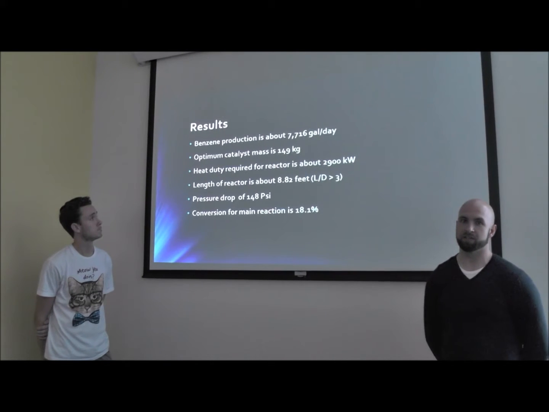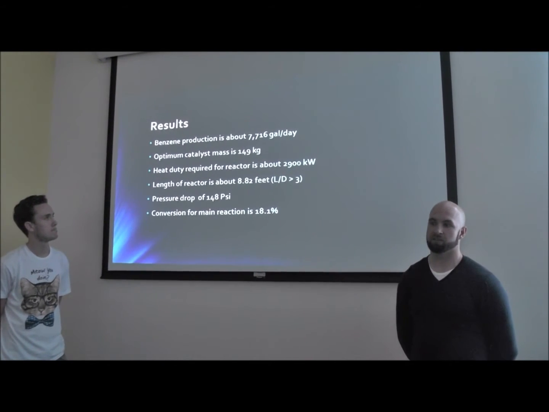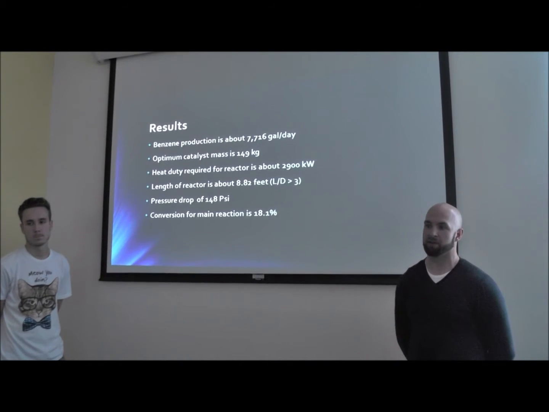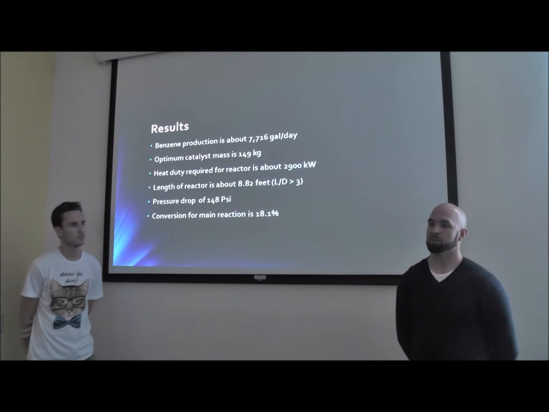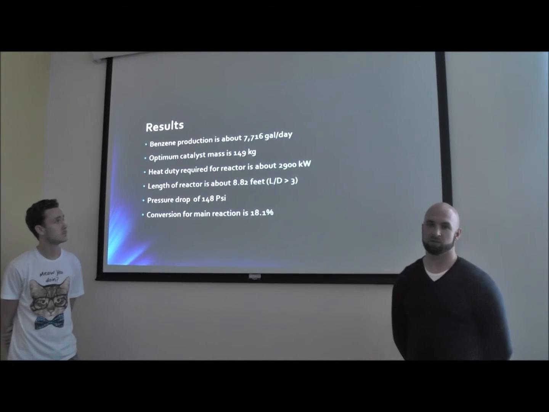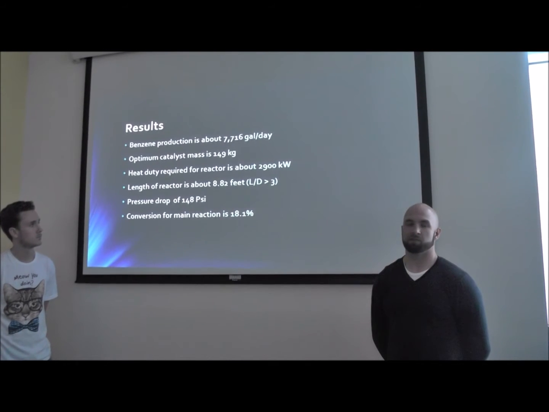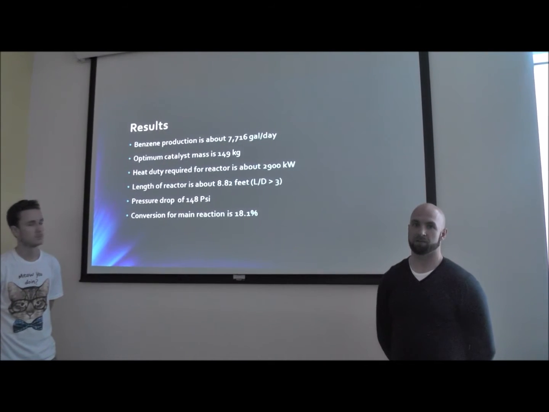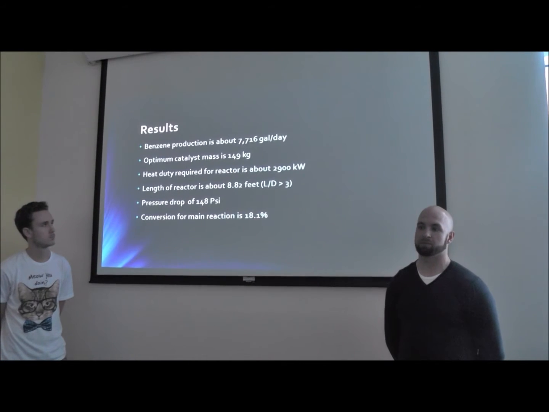Okay, so some more detailed results from our calculations. Our benzene production is about 7,700 gallons per day, and that's actually higher than our target, so that's good. Our optimum catalyst mass to use inside the reactor is 149 kilograms. The heat duty required to keep the reactor at 1300 Kelvin constantly is 2900 kilowatts.